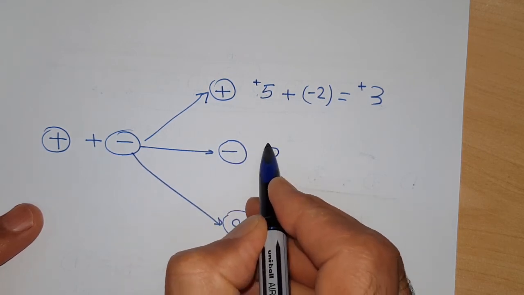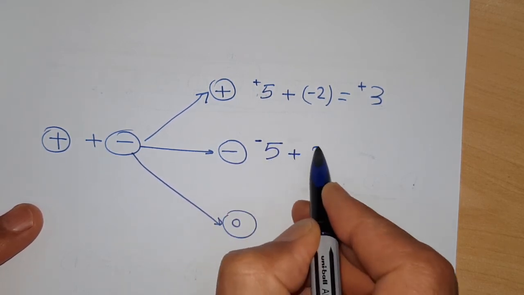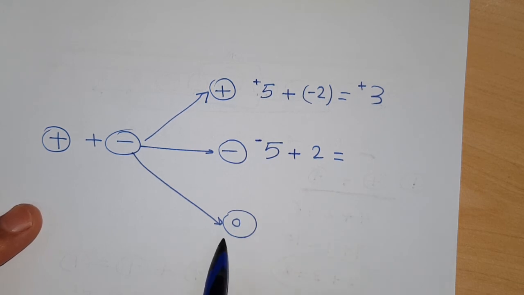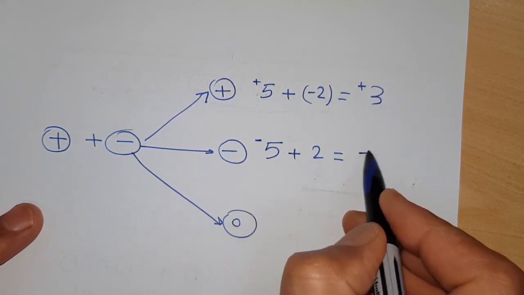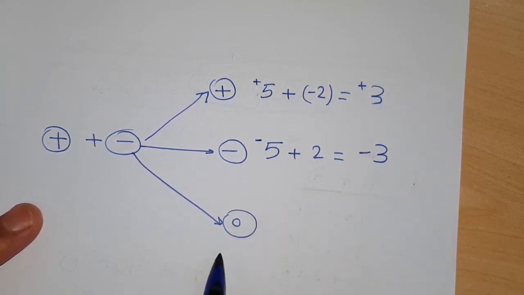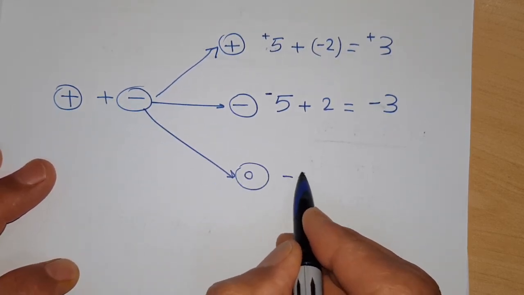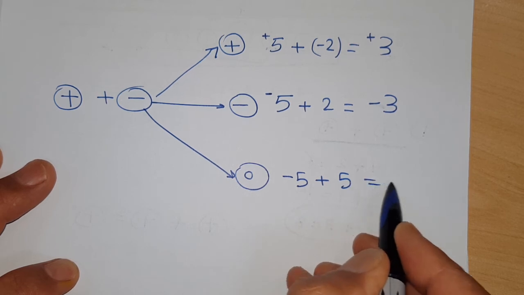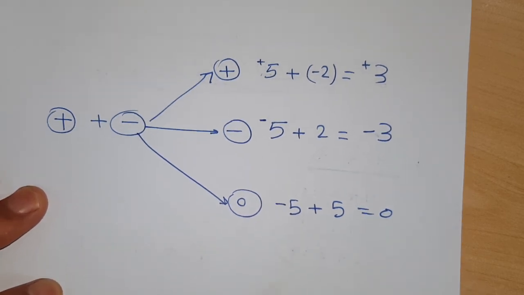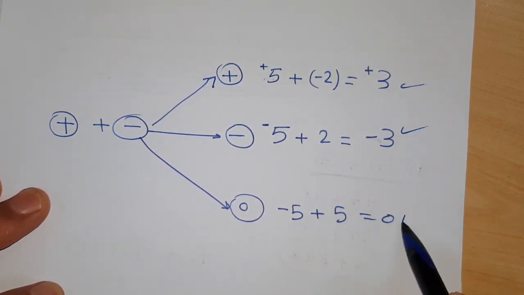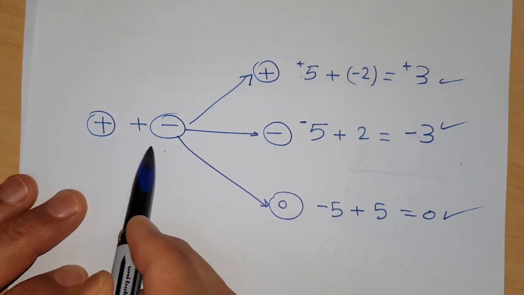Negative when the number in negative is more in units. Negative 5 plus 2 will be negative 3. 0 only when you have the same number plus its additive inverse. So all signs can appear, positive or negative or 0, when you add positive and negative numbers.